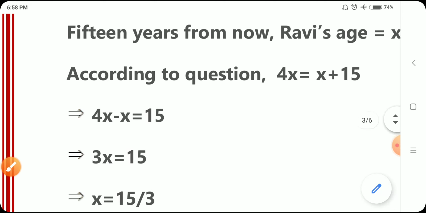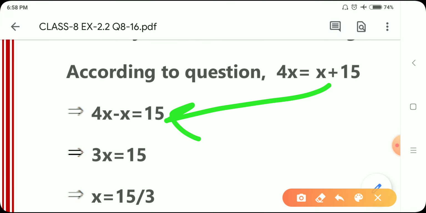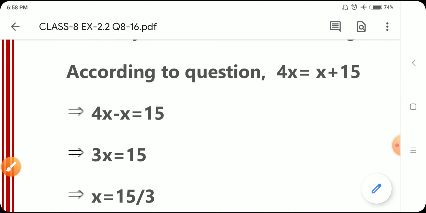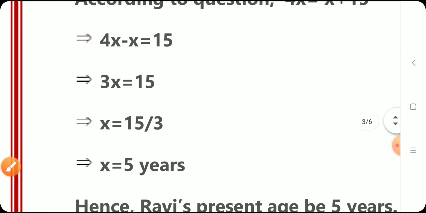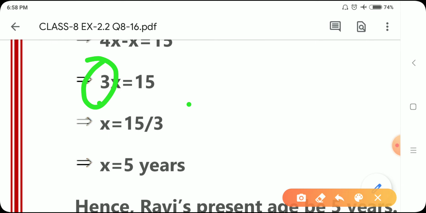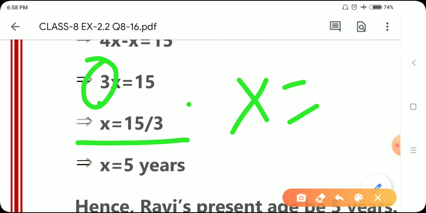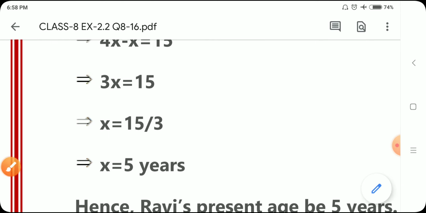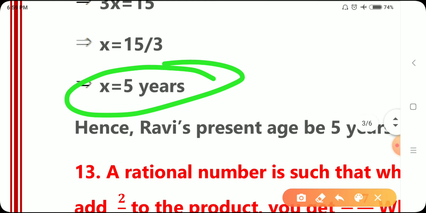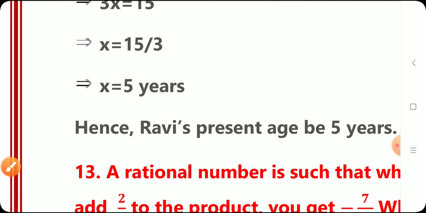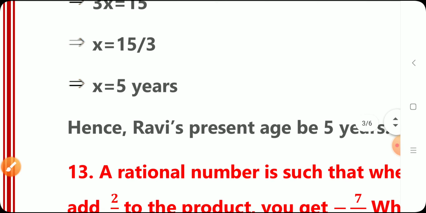Now solving, this x comes to the left hand side, so it will become 4x minus x is equal to 15. Solving, you will get 3x is equal to 15. Now 3 is in multiplication here, so it comes into division, so x is equal to 15 upon 3, and solving, you will get x is equal to 5 years. Ravi's present age is 5 years.